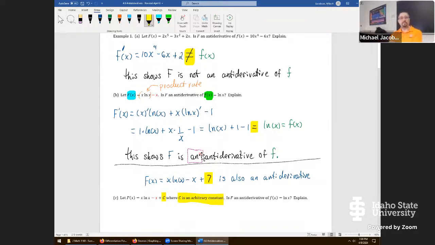This way, we won't always say we found an antiderivative. If we put in an arbitrary constant, we'll say it is the antiderivative, meaning it's a family of infinitely many different functions. You change the value of C here to maybe a 7, for example, or 71, or a 0. That would be this function right here when that value is 0. You have an antiderivative each and every time.